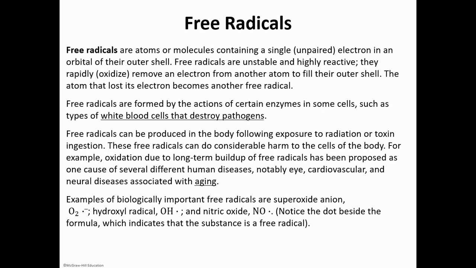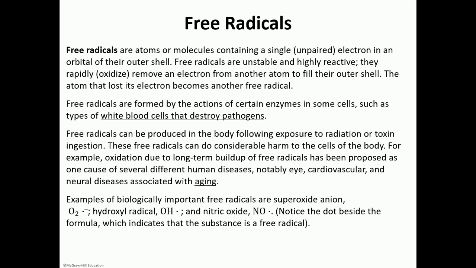So what are free radicals? Free radicals are atoms or molecules that have an unpaired electron in the outer orbit surrounding the nucleus. Remember we said that in order for an atom to be stable, you want that outer shell to have the maximal number of electrons allowed.